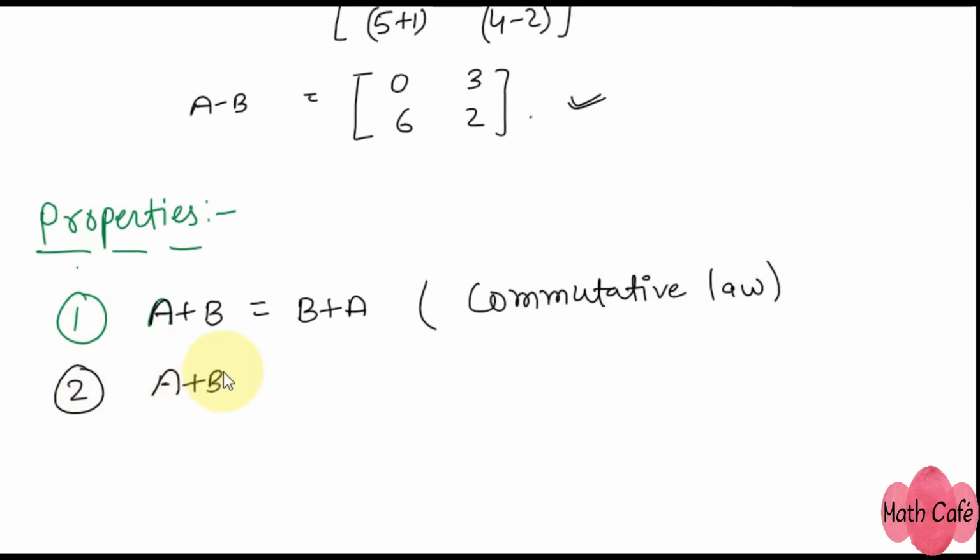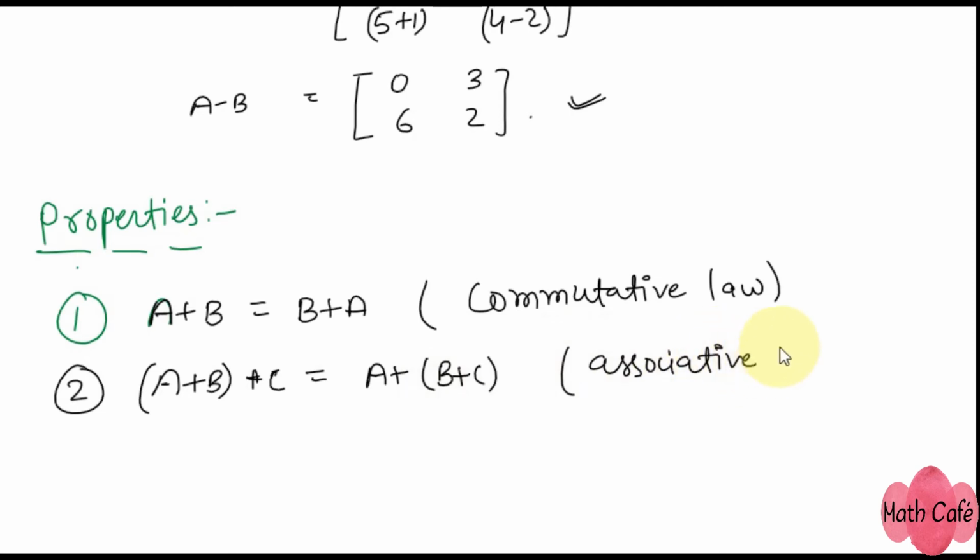And the second property is if we are adding A plus B to matrix C, this can be expressed as A plus B plus C. All right, so this rule is called the associative law.